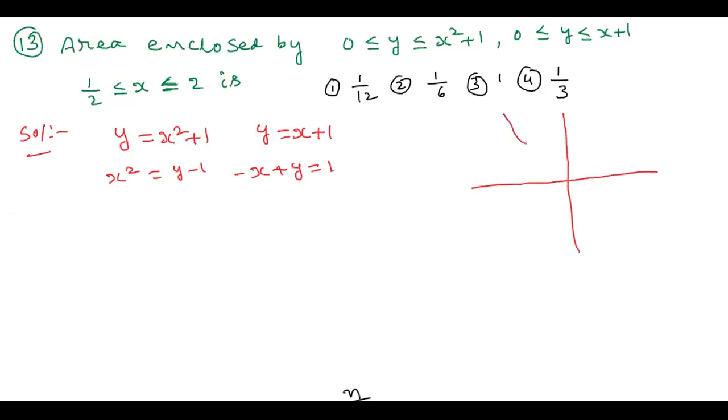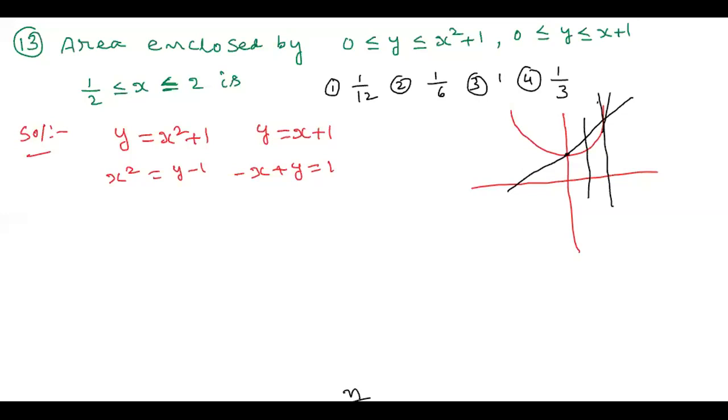Vertex is at 0 comma 1. Now see the diagram. Minus x plus y is equal to 1 intersects the coordinate axis in the second quadrant. And x square is equal to y minus 1 has vertex 0 comma 1.